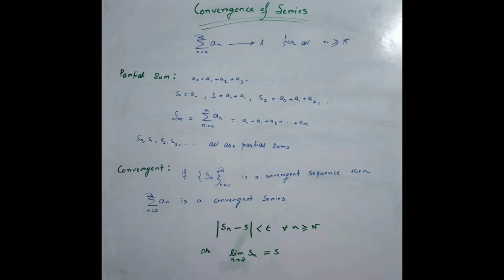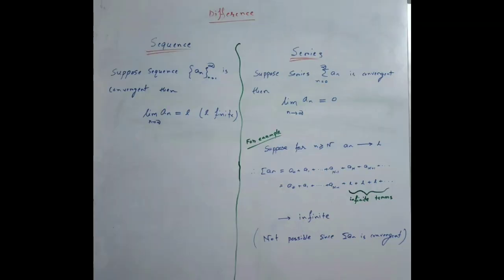So we can say that if this sequence is a convergent sequence, then the series a_n is a convergent series. In a sequence we have seen that a_n is converging to L, where L is a finite number. But in a series, a_n, when n tends to infinity, it will converge to 0.